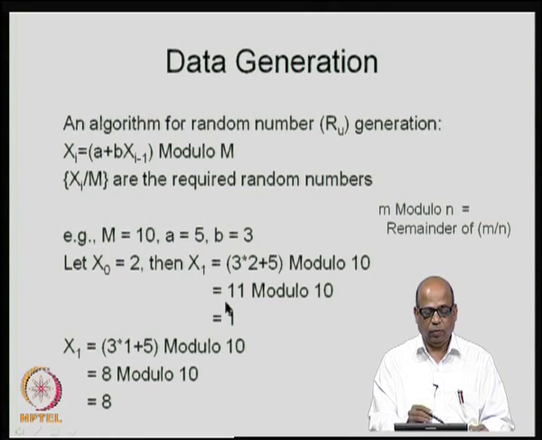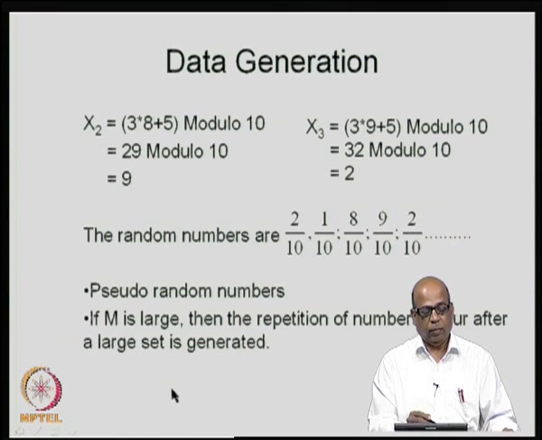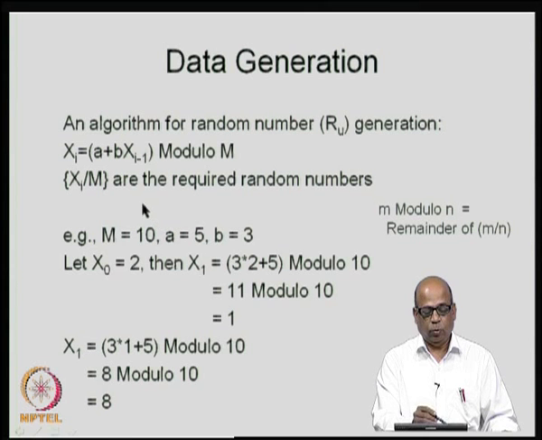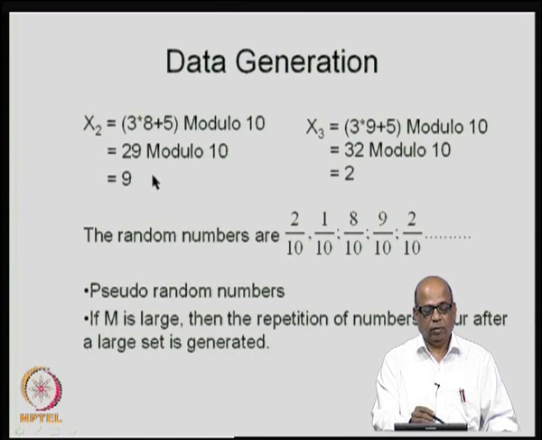Now, we use this 1 to generate the next x i. So, this will be x 2 is equal to 8 and similarly x 3 is equal to 9 and so on. Like this you get values: you started with 2, then 1, then 8, then 9, 2 etcetera.